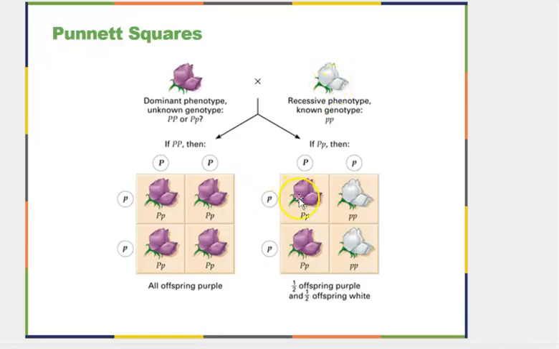So we've got big P, big P. This is big P, little p, little p, little p, right? So we've got 50-50. Do that, pause it, see if it makes sense. This is the big P that we brought down. This is the little p that we brought down. This is a little p. This is a little p. 50-50.